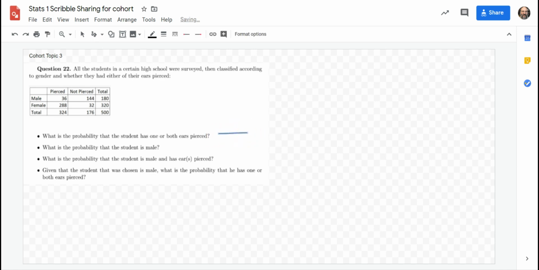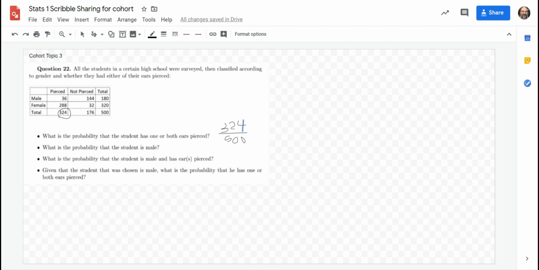So we can immediately see that the sample space is the 500 and the sample size is pierced people. So that's the 324 total. We have no mention of gender, so we're just looking at column totals. That's the probability, which is really just the relative frequency, size of the event divided by size of the sample space.